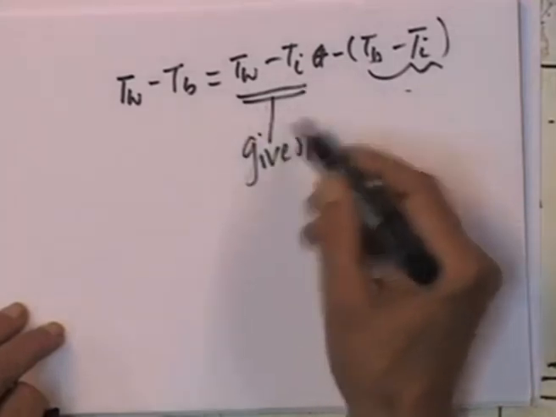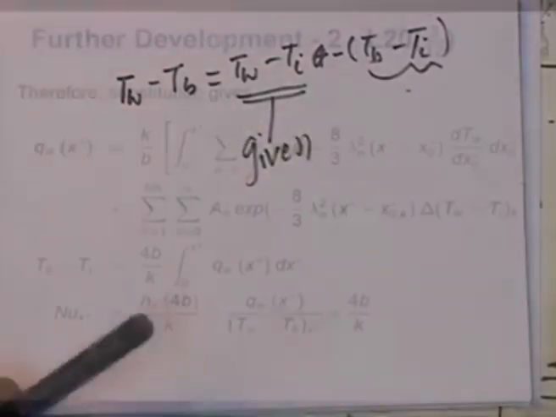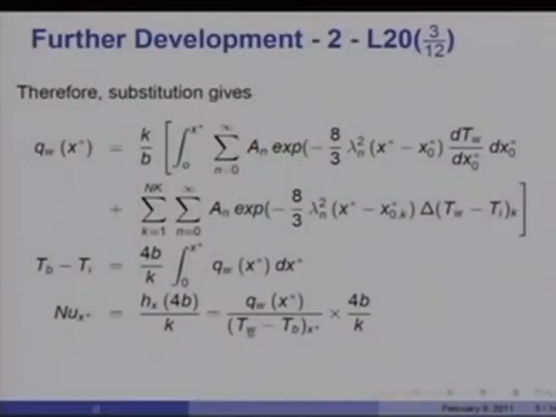So, T wall minus T bulk is written in the fashion I have shown here. So, that is how one gets T wall minus T bulk at any x star.